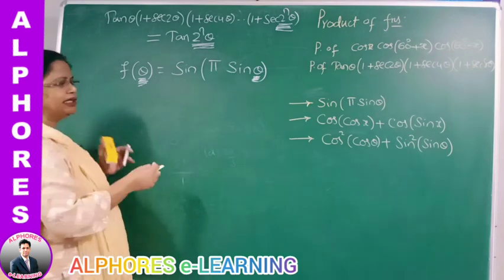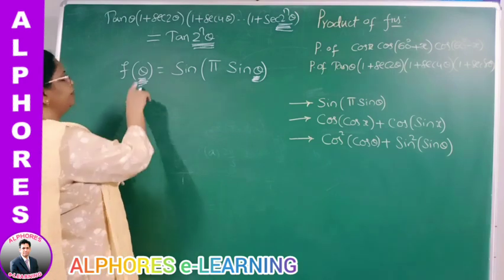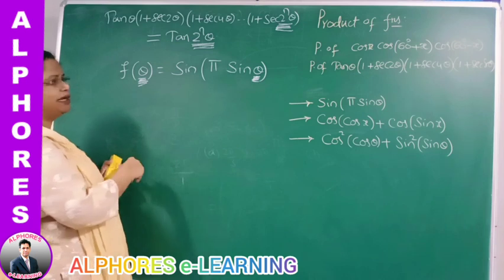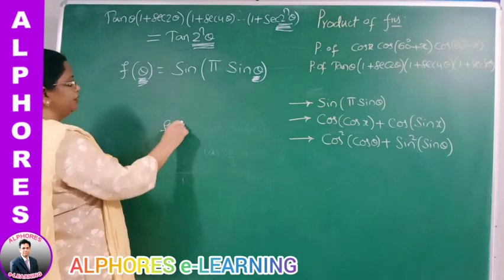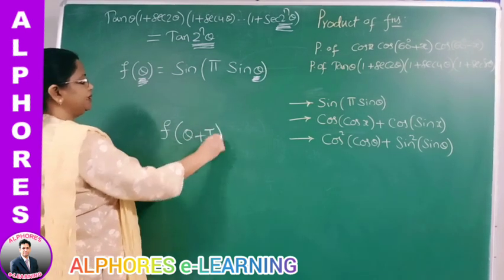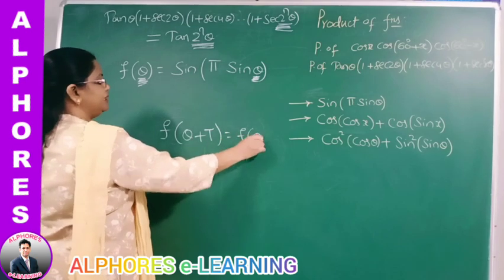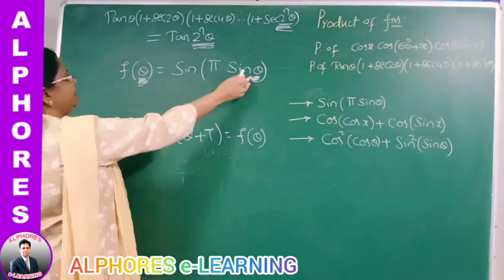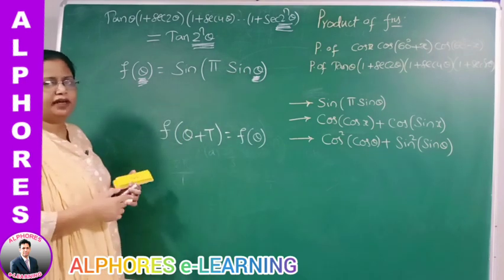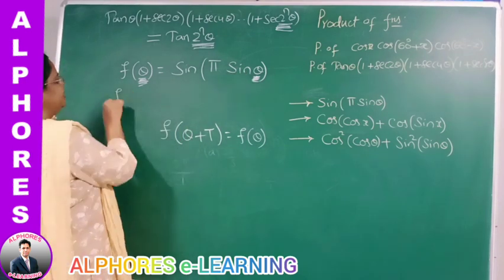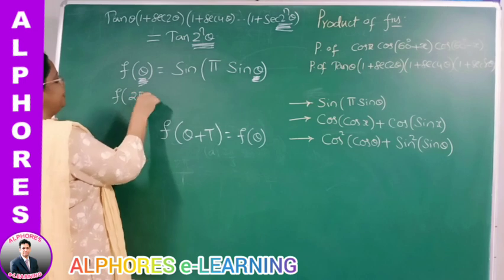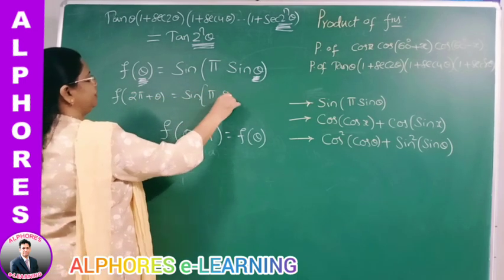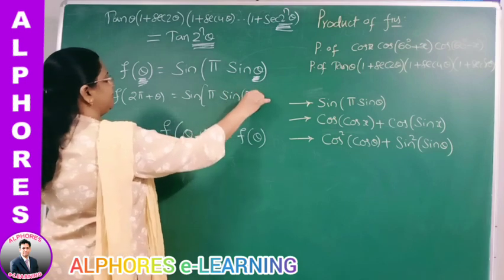Now what is the concept of periodicity? If you replace theta by theta plus T, you must get again the original function. That means f of theta plus T, you have to get f of theta. So now here clearly sine theta, you know what is the period? 2 pi. That means f of 2 pi plus theta, if I write, it is sine of pi into sine of 2 pi plus theta.